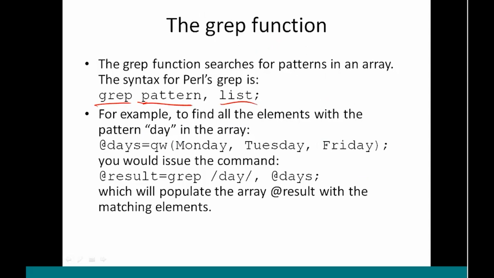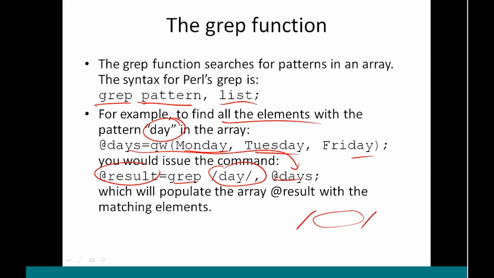For example, if you want to find all the elements with the pattern day in an array, where the array is defined as Monday, Tuesday, and Friday. When we say the array list equals grep, the pattern is always enclosed within slashes, as we already know, and then the array we are specifying here.